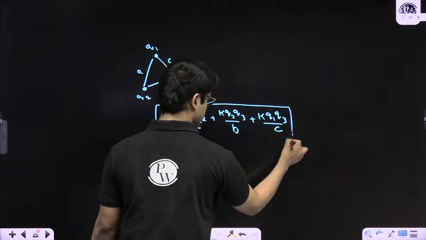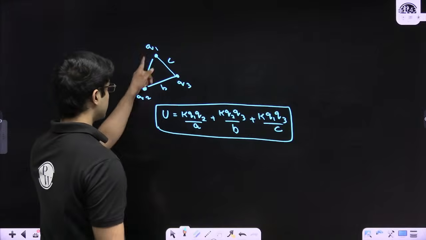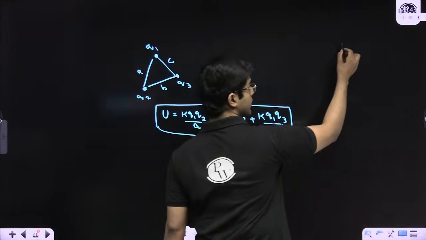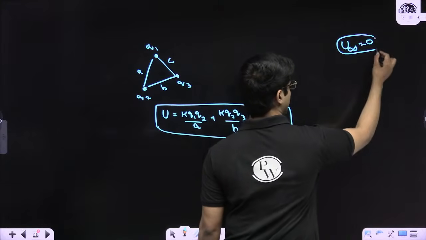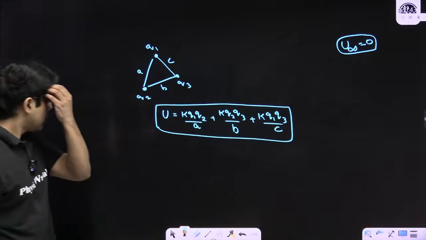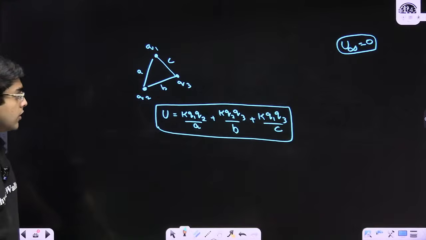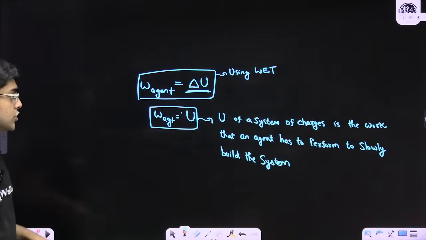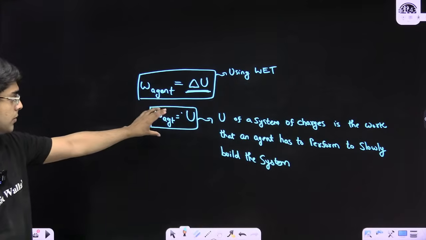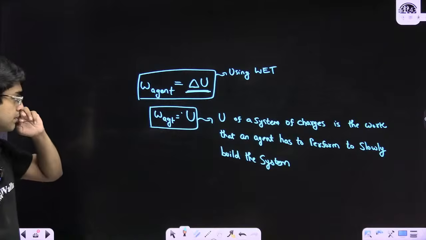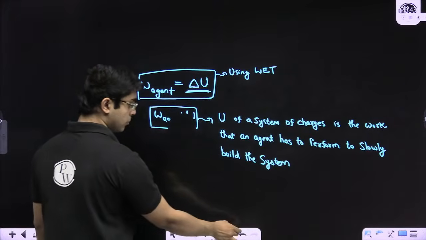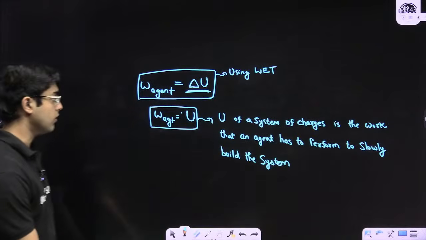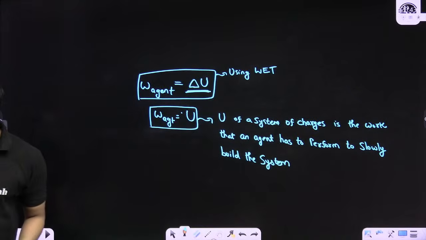This will be the potential energy in this configuration, and we are always assuming potential energy at infinity as 0. So that is the logic, but we also got an additional definition for the potential energy using the work energy theorem. It's also the energy that it takes to build a system by an agent. That is an additional definition.